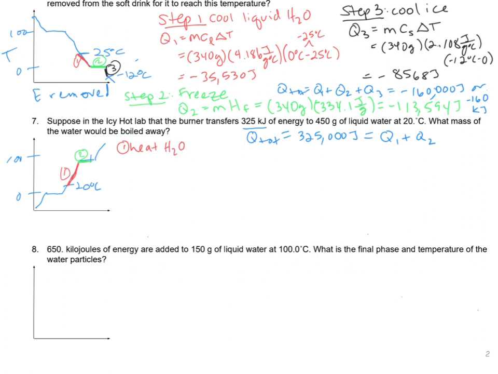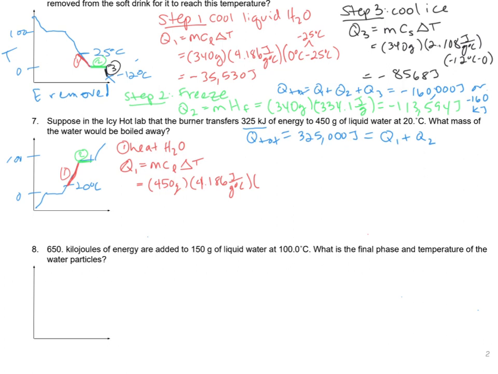And because the temperature changes, we'll use Q equals MCΔT. It is liquid water, so we'll use the specific heat of liquid water. And the mass here is 450 grams. The specific heat of liquid water is 4.186 joules per gram per degree Celsius.